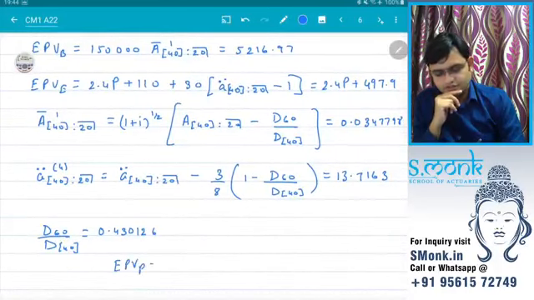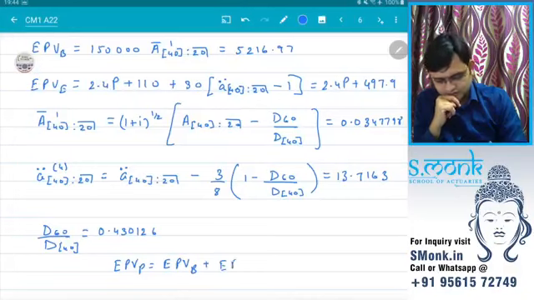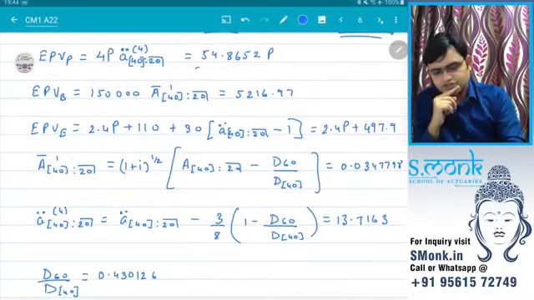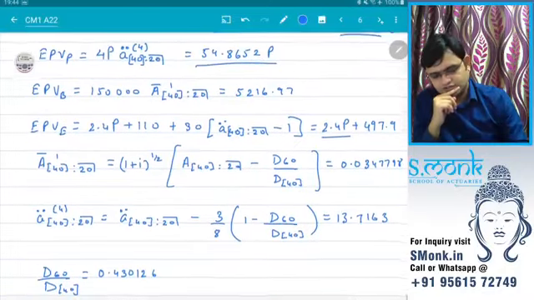Expected present value of premium must be equal to expected present value of benefit plus expected present value of expenses. So I will take all the premium parts together, this much minus this much.